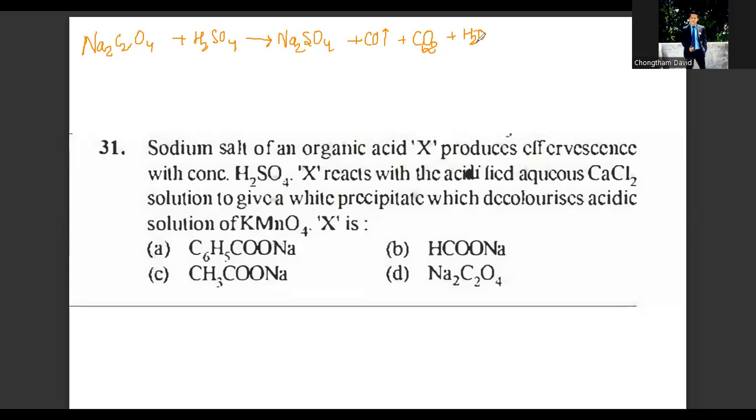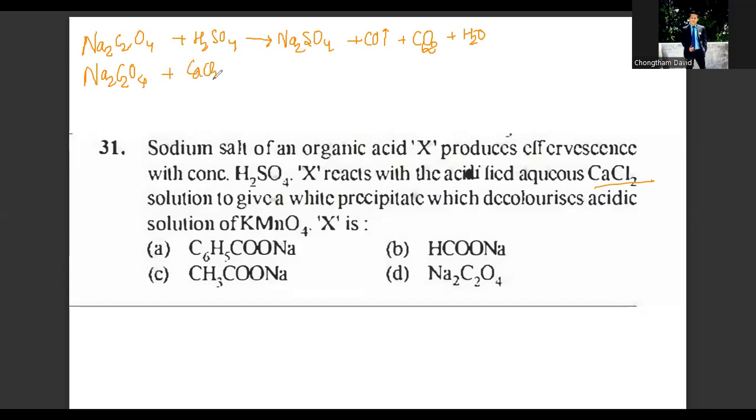And when this sodium oxalate is again treated with a salt like calcium chloride, here you are given calcium chloride. So let's write the reaction: sodium oxalate, since oxalic acid has two hydrogens, it is taken by sodium. The valency of oxalate is -2.